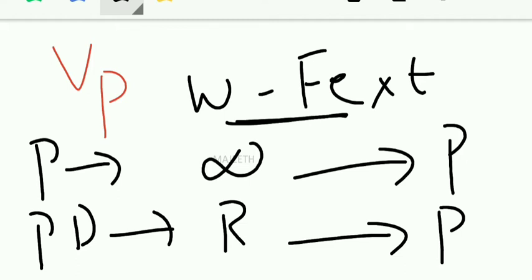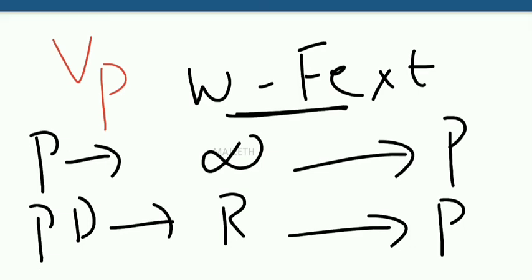Very important. Potential is moving an object from infinity. Why am I taking infinity? That is very important. What is the reason for taking the potential at infinity? The potential at infinity is 0. That's why we take it as a reference. Why is the potential at infinity 0? We will see it in the next video.